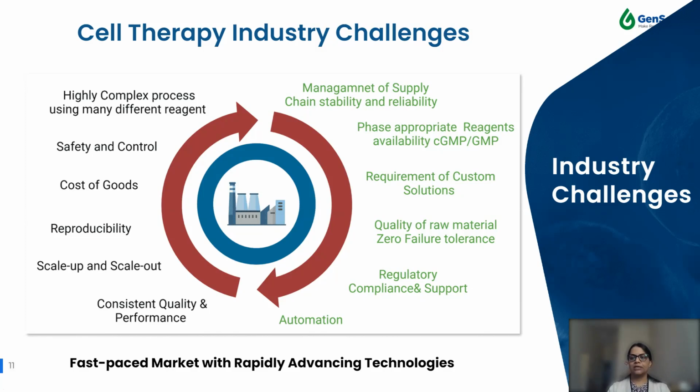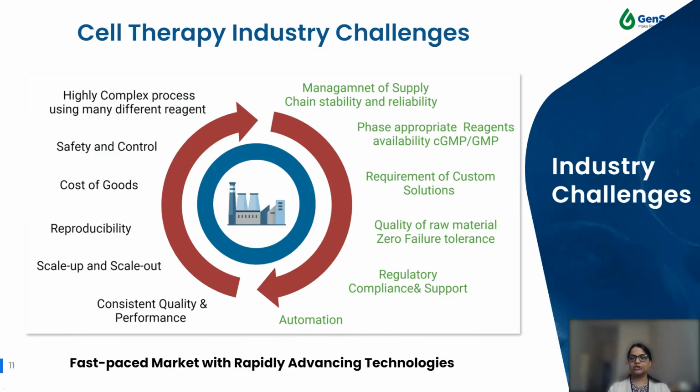Obtaining essential material is a major challenge, and disruption in the supply chain can also cause significant production delay. So selecting a reliable reagent supplier is critical to prevent GMP complications.